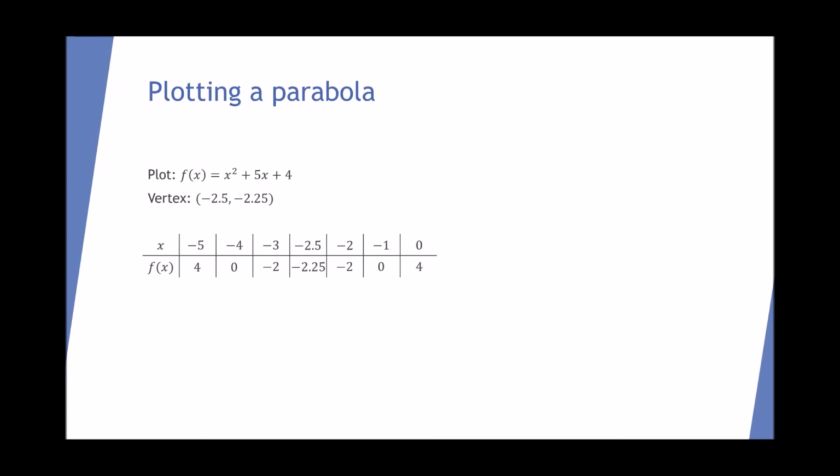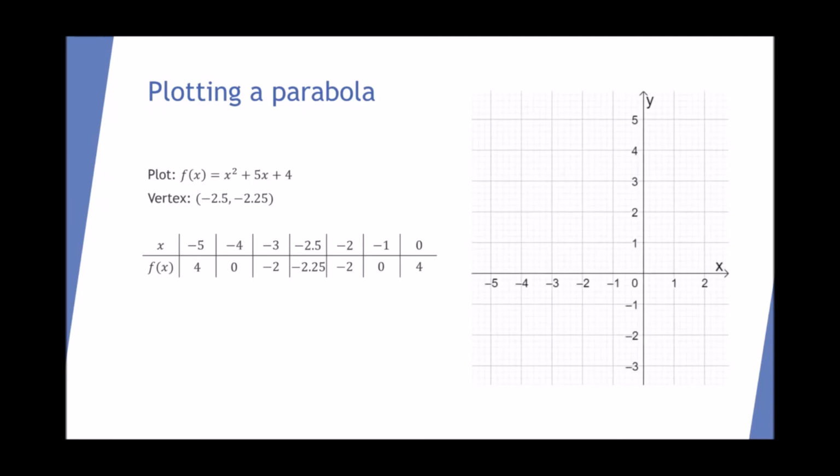So this tells us that we're going to create our x-axis from -5 to 0, and our y-axis should cover from -2.25 up to and including 4. So then we have to make our coordinate system with that in mind, and this coordinate system would work.